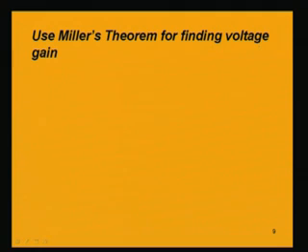So, this Miller's theorem is used for finding the voltage gain. In the high frequency region, you will be finding the voltage gain by using Miller's theorem to find the overall capacitance by distributing the capacitance CGD, gate to drain capacitance, bringing it to the input or the output side.